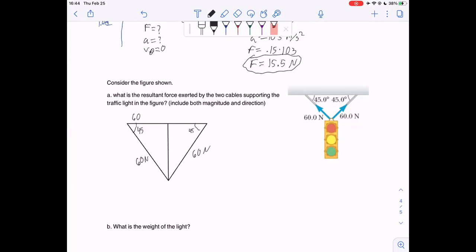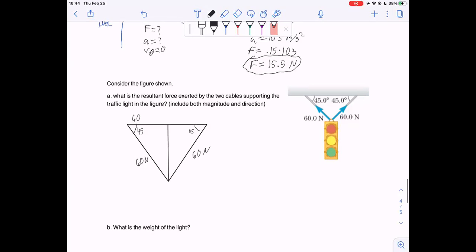No, for some reason I didn't find that. Cosine 45. Because it is a 45-degree angle, though, our cosine and sine should be the same, right? So just label all your components.